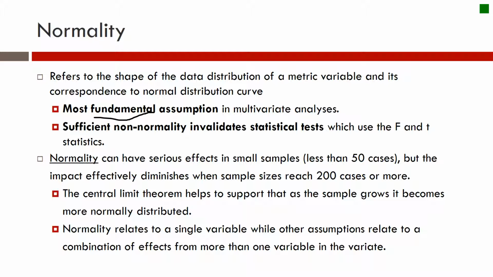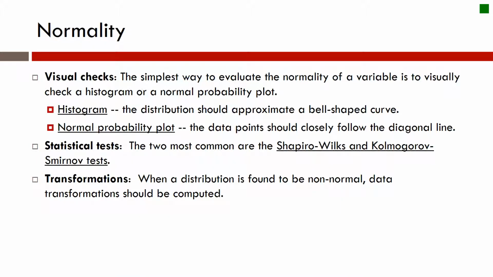So that's important. Normality also is an individual variable issue. So we don't think of normality when we think about 2 variables working together, but instead we think of it as an issue for each variable by itself. All right, so that's the thing that we want to think about when we talk about normality.